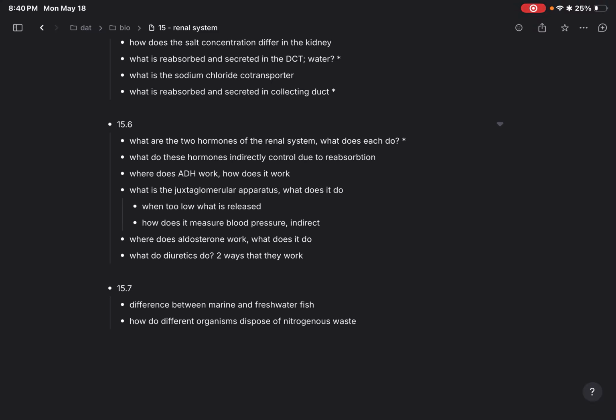So you've got to balance it out, I think. So the JGA will release renin, which will increase blood pressure. It monitors sodium chloride concentration, provides information, works to increase. Maybe just know that it monitors sodium chloride.